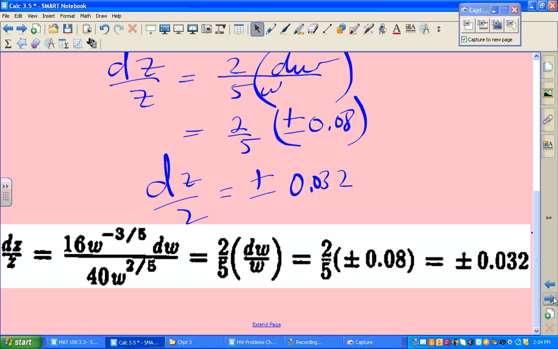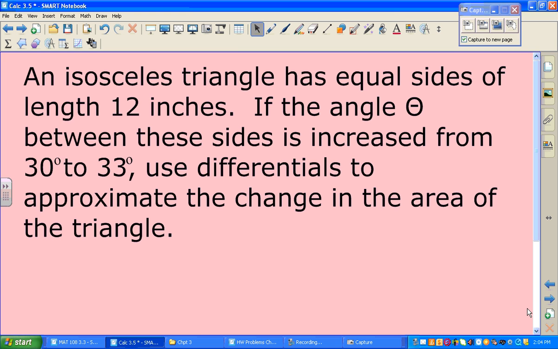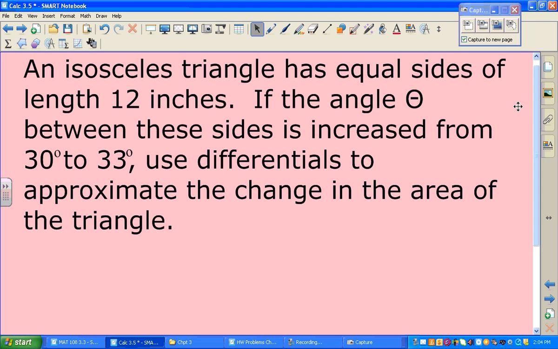All right. Ready for the next one? Okay. An isosceles triangle has equal sides of length 12. If the angle between them increases from 30 to 33 degrees, use differentials to approximate the change in the area. Does this have the word average in it? No. So I just have to find dA. dA is the change in area.